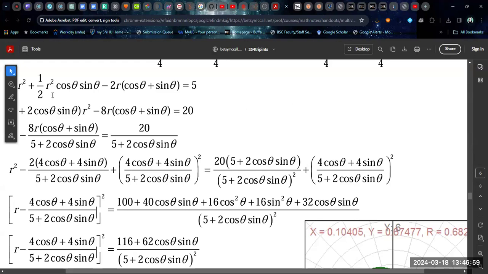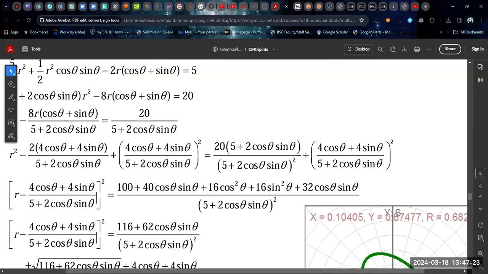But we're going to have to basically do what we did with the other problem. We're going to have to get our r's on one side of the equation, collect our r squareds. We're going to get a coefficient that depends on theta. And then we're going to have to complete the square in order to isolate r, because r is our function variable.